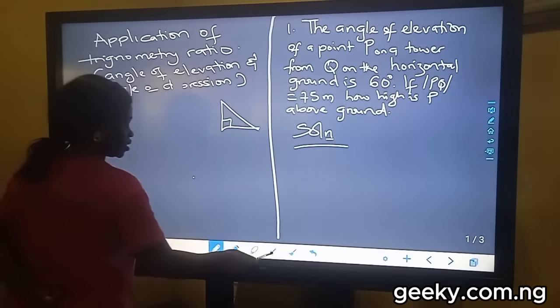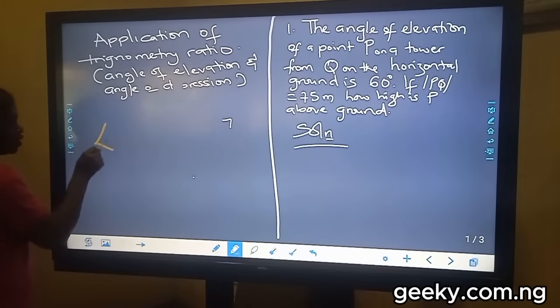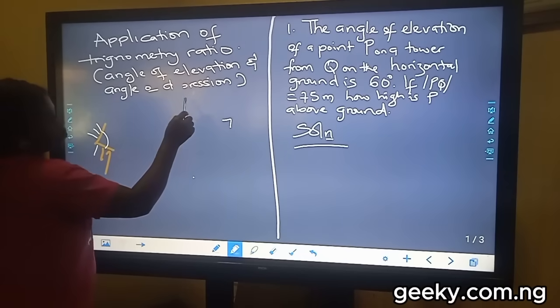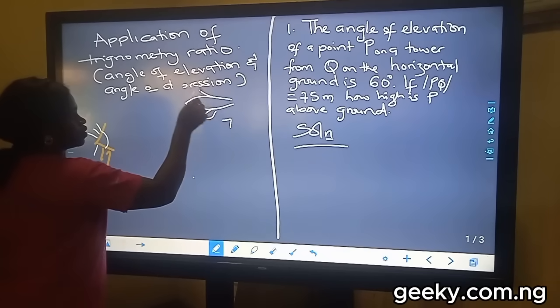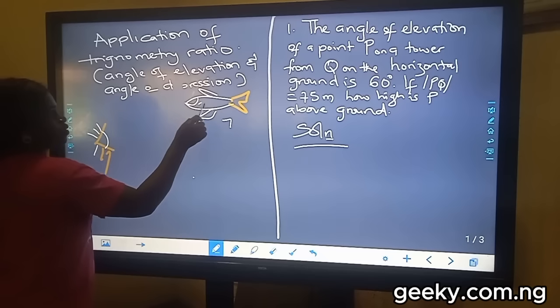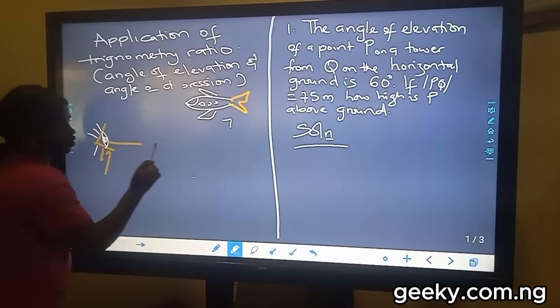So say for instance this is your eye, right? And then you now have, say for instance, an aeroplane that is on top that you want to look at to find the angle of elevation for it. Okay, so first of all your eye has to look horizontally.